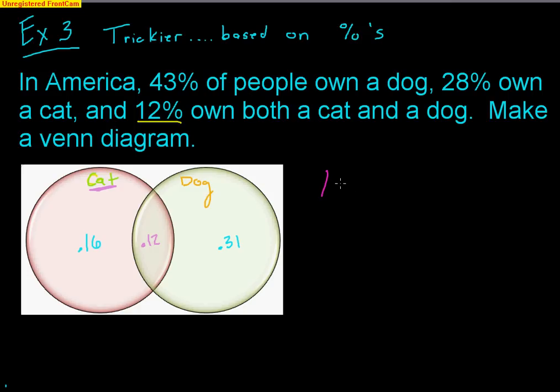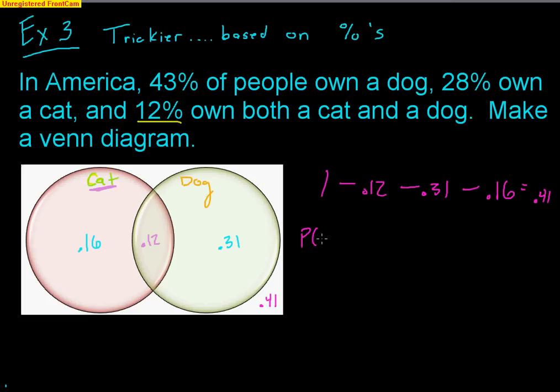So I'm taking 1, I'm getting rid of the overlap, I'm getting rid of owning a dog and only a dog, I'm getting rid of only owning a cat. What I'll be left with is the people that own neither cat nor dog. So, and I get 41%. So that's the leftover, right? That's this outside part. So this outside part represents those people that don't own a cat nor do they own a dog. So now with these 4 numbers, you can find pretty much anything.